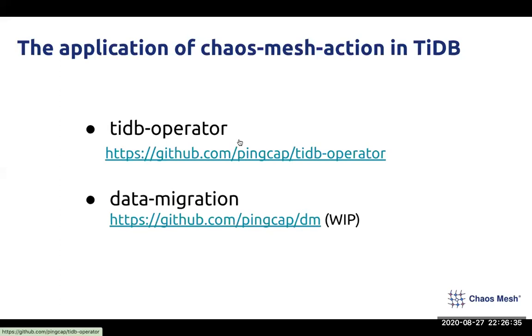And the workflow uses pod-type chaos to test the stability of this project. And another is data migration. It is a tool used to migrate data from MySQL to TiDB, and the workflow is still in development. We will write a blog about these two use cases later, in more detail.